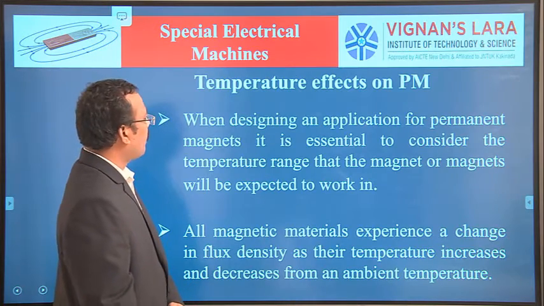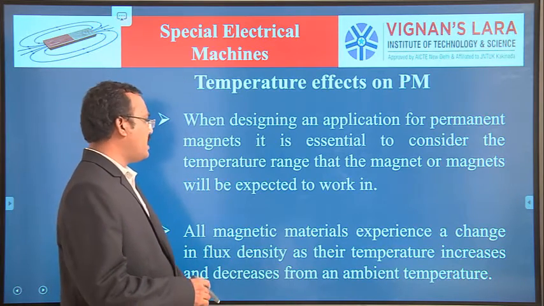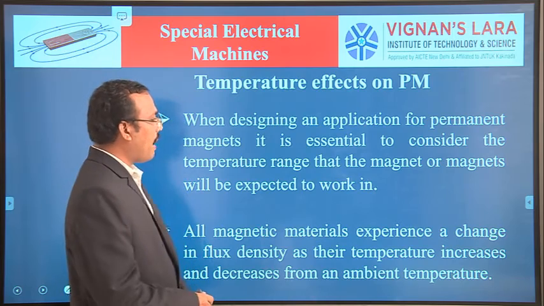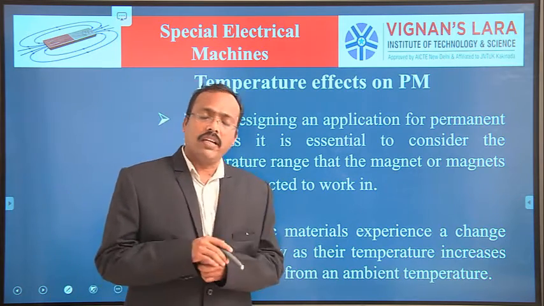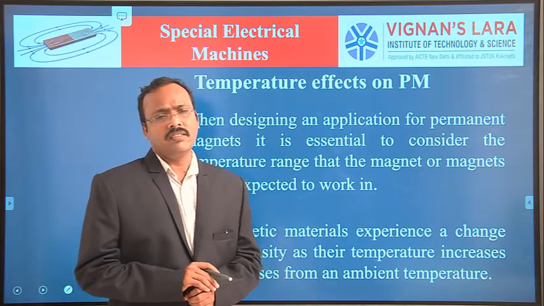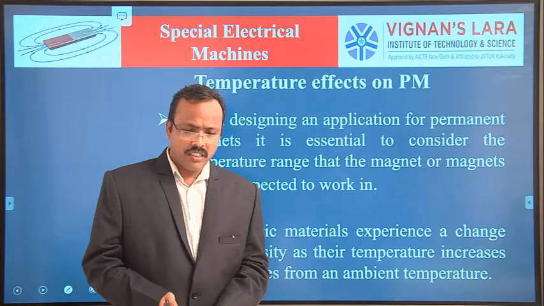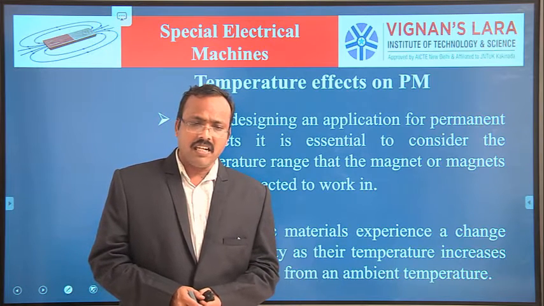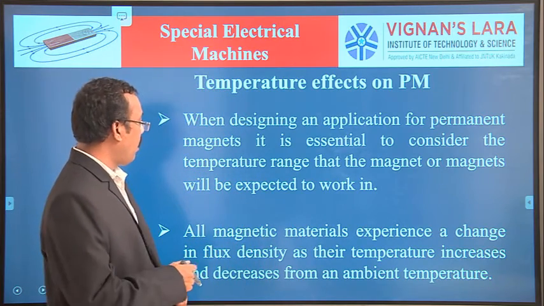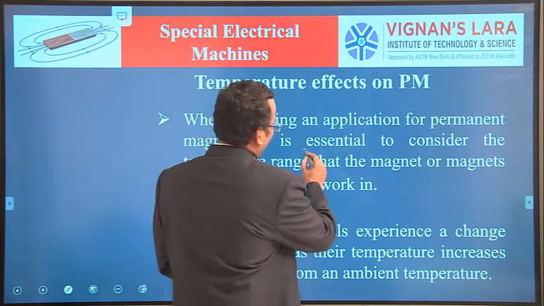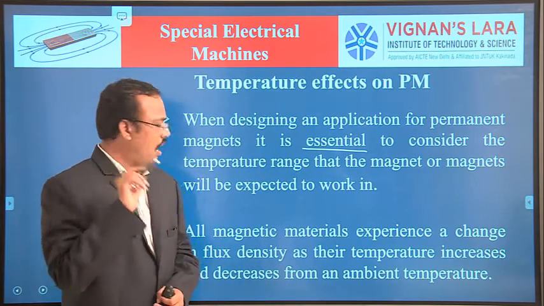Next, when designing an application of a permanent magnet, it is essential to consider the temperature range in which the magnet or magnets will be expected to work. For any application using magnetic material, we consider the operating temperature of the particular application. It is a very essential part. Then only can we select the permanent magnet material for particular applications.